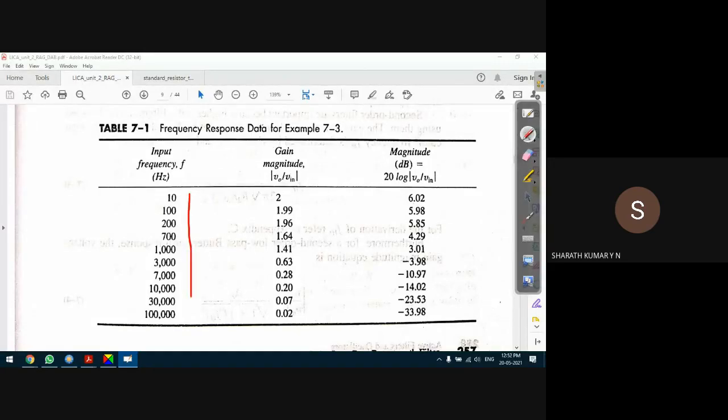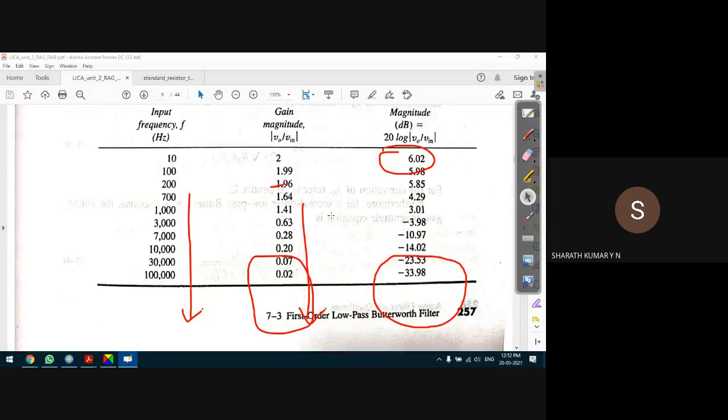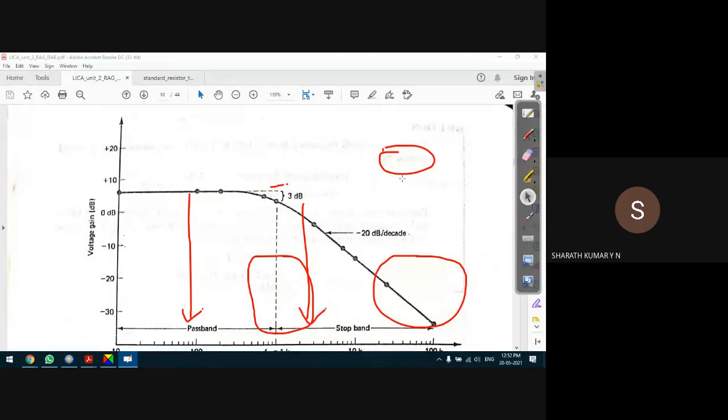As the input frequency increases, the gain is reducing, which is normally the case. This gain is in terms of decibel. A decibel value below 0 is always negative. When we plot this in the graph, this is the response.